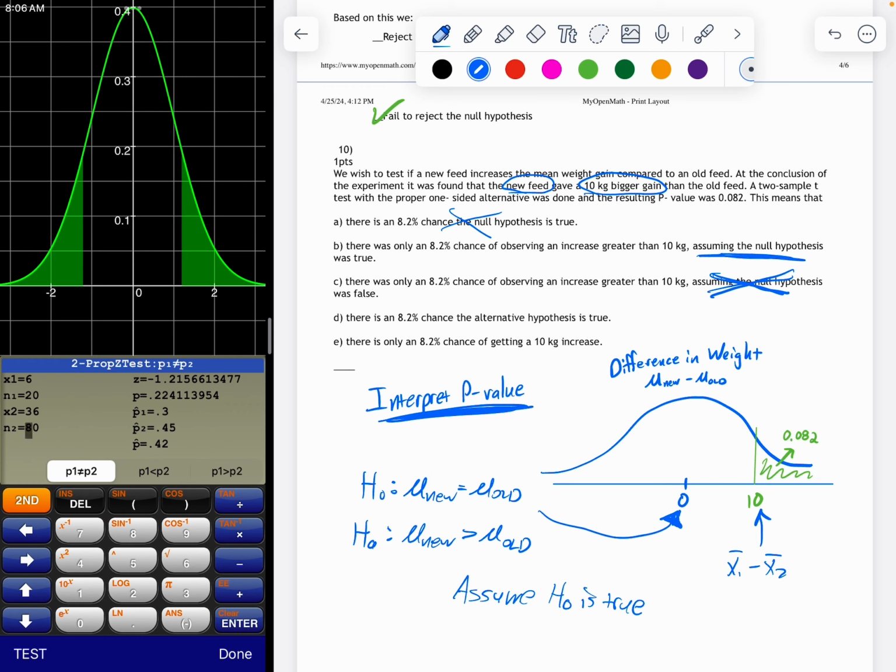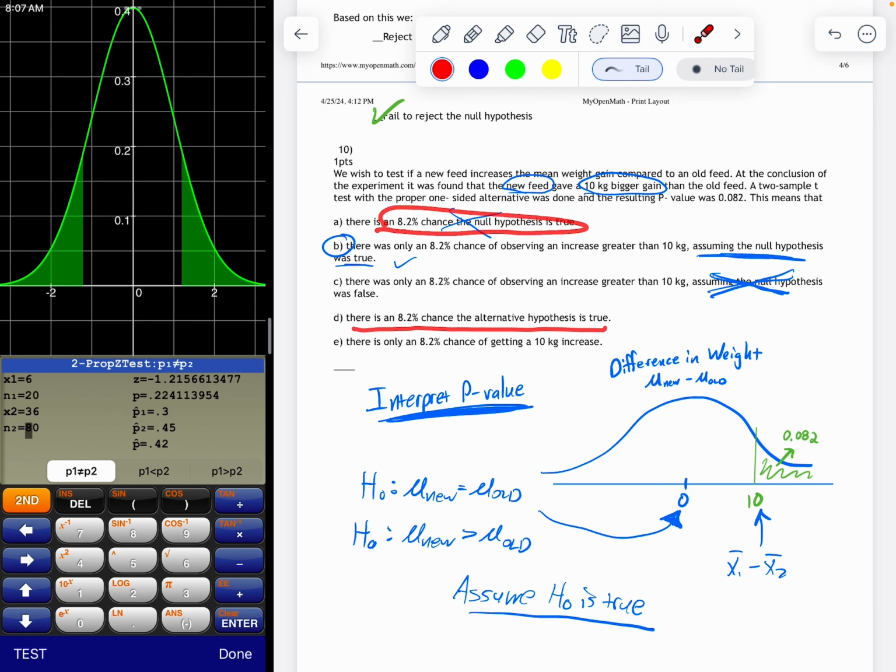You're assuming the null is true, ding, ding, ding. It's B. Assuming the null is true, there is an 8% chance of getting a sample with a difference of 10 kilograms or more. So it is B. D is a distraction too. There's an 8% chance the alternative is true.